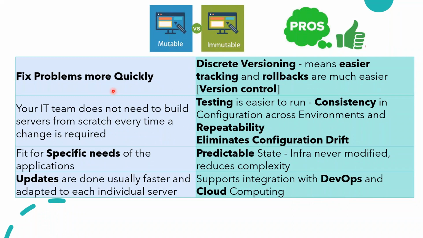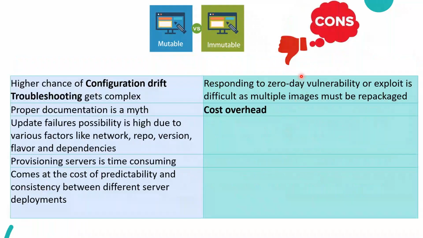With mutable, the only biggest advantage it has is around zero-day vulnerability handling. If there is a vulnerability that has to be fixed on the same day, then mutable infrastructure or tools like Ansible can be used to deploy the hot fixes or fix the bugs very quickly.